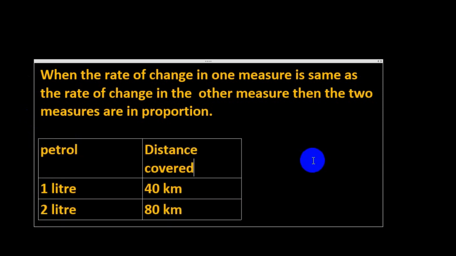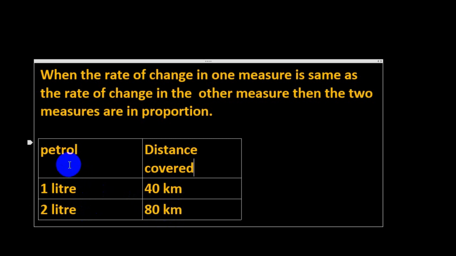What do we see from this table? Here, the ratio of change in petrol, that is our first measure, is 1 is to 2. At the same time, the distance covered changes from 40 to 80. When reduced, 40 is to 80 will become 1 is to 2. Like the ratio of change in petrol, the distance covered is also like that.